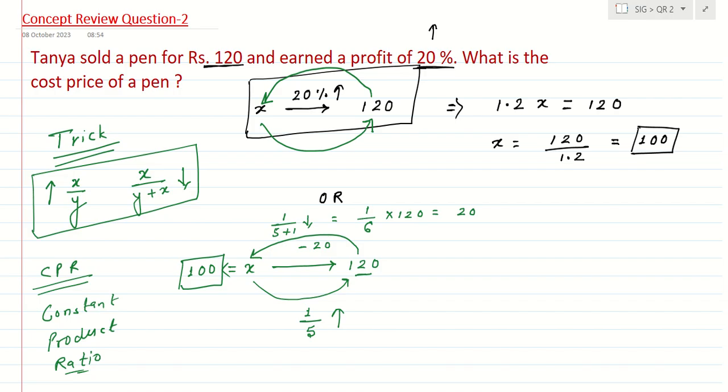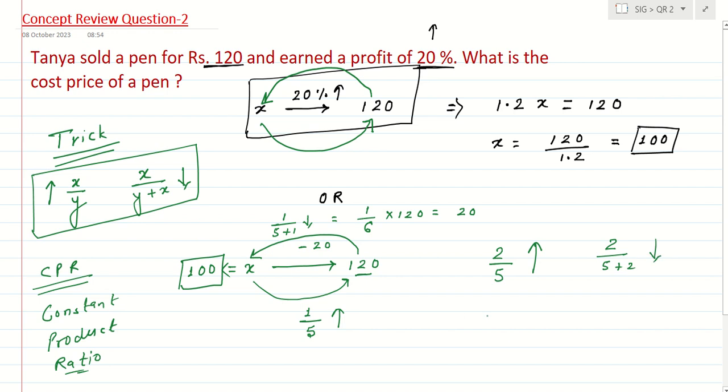What happens here? If I'm increasing any number by 2 by 5, I must decrease it back by what fraction? 2 by 5 plus 2.